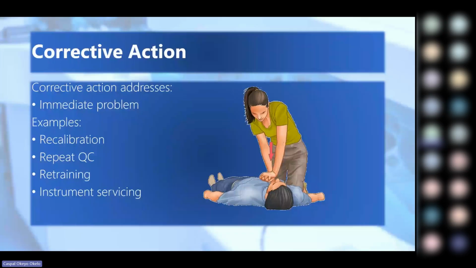These actions will stabilize your system. They'll stop ongoing damage. But, and this is important, corrective action alone does not guarantee that the problem won't happen again. If you only perform CPR every time some patient collapses, we end up not practicing medicine.